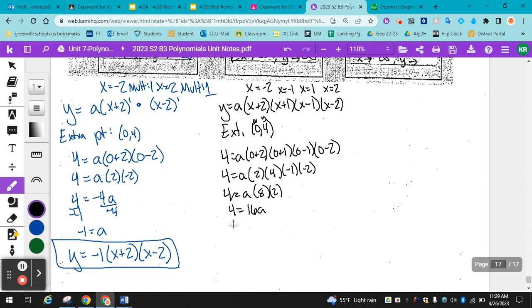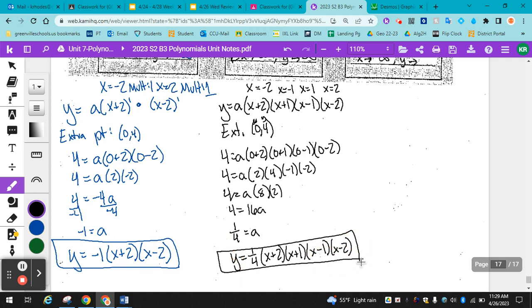Divide over by 16. So 4 over 16 is 1 over 4, that's a. So then we can plug that into our equation: 1/4 times (x plus 2)(x plus 1)(x minus 1)(x minus 2). So there's our equation.